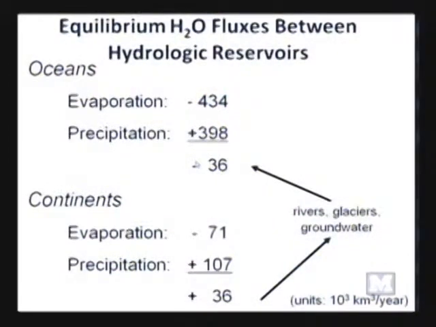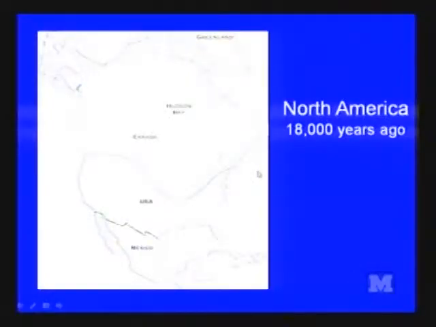And if we did not return that excess back to the oceans, we would gradually see a declining ocean. But in fact, that excess returns to the oceans through rivers and glaciers and groundwater that effectively go back to balance the ocean.